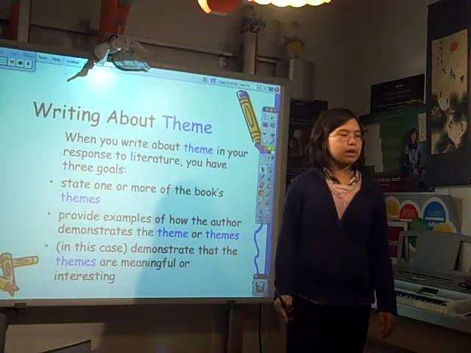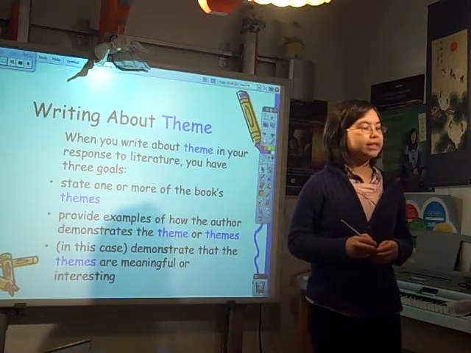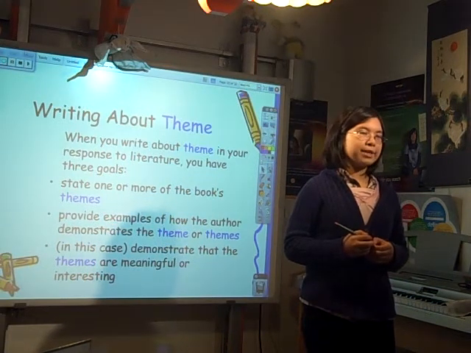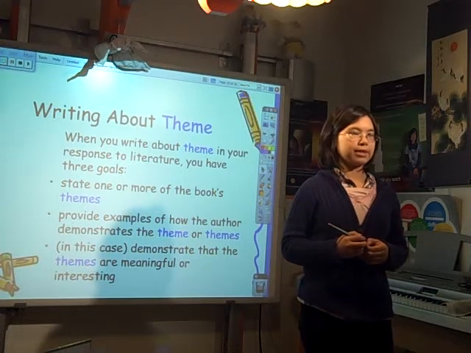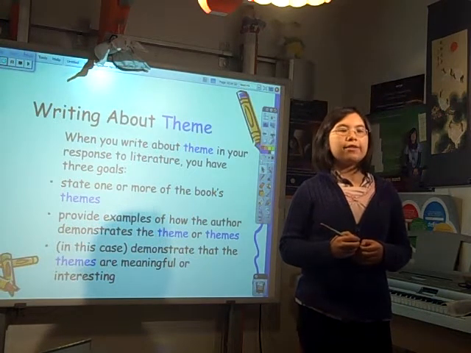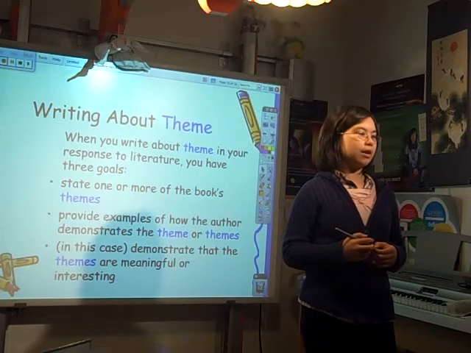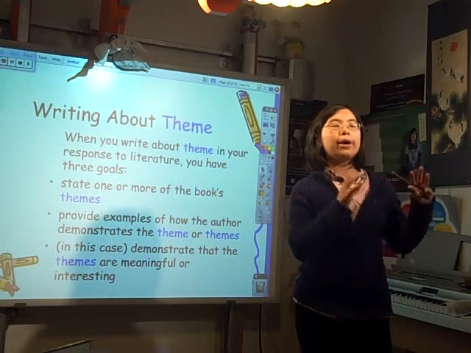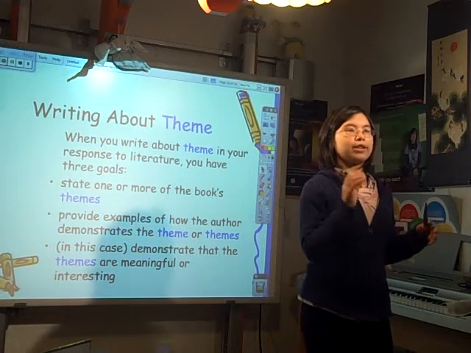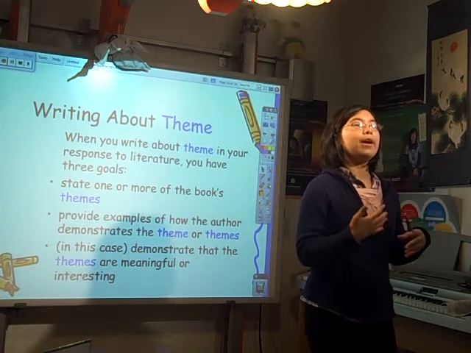Now, this is the second part. Provide examples of how the author demonstrates the theme or themes. So, for instance, if I was doing the unscrupulousness of the media in Harry Potter, I would use that bit about Rita Skeeter and her magical pen as an example to show that.